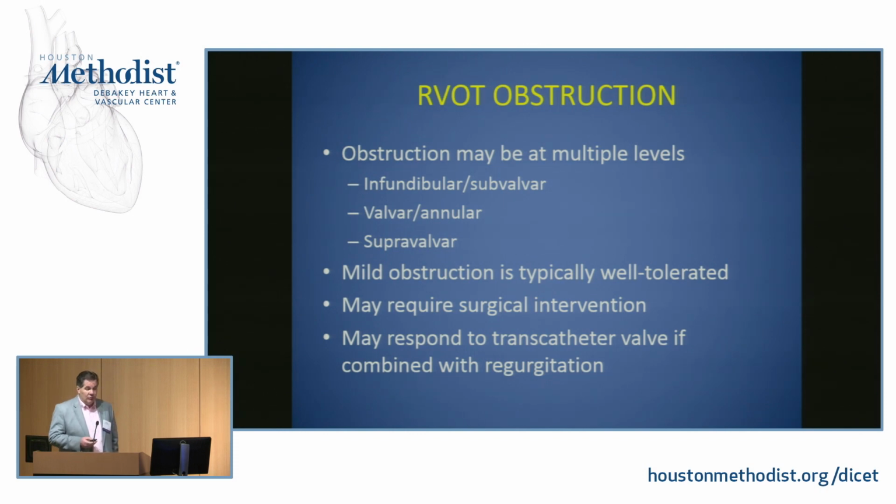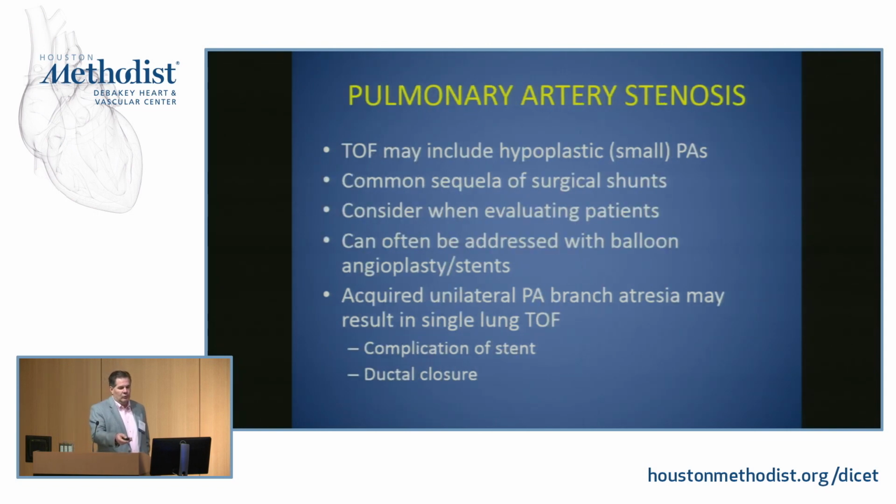If there's significant obstruction, they may require intervention. And one option here, as we did with that previous patient, is you may be able to address the obstruction with a transcatheter valve if the issue is combined with regurgitation.